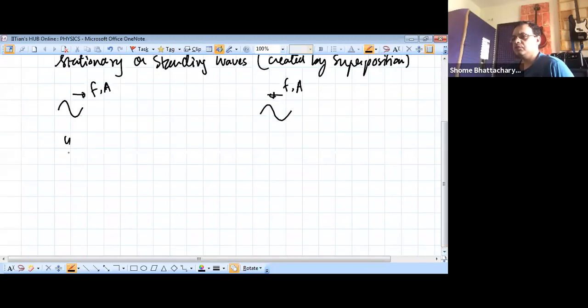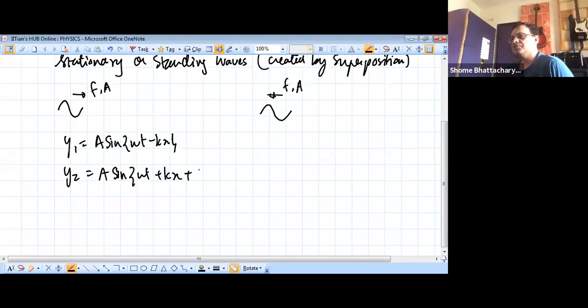Suppose my y1 is a sin(ωt − kx), and y2 is a sin(ωt + kx + φ), some phase constant φ.